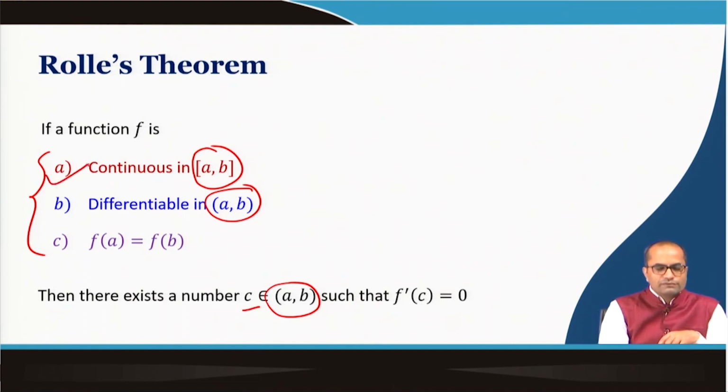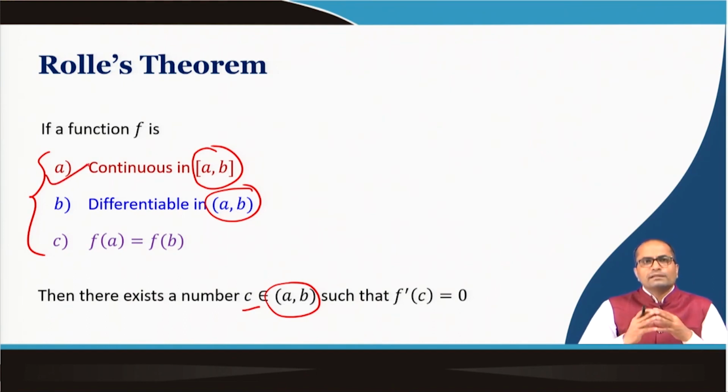The continuity of the function in the closed interval, then differentiability of the function in the open interval, and then the function values at a and b are both equal, then there exists at least one number. So, there might be more than one such point in this open interval, but this theorem says that there will definitely exist at least one number such that f prime c, so the derivative of this function, will vanish at that point.